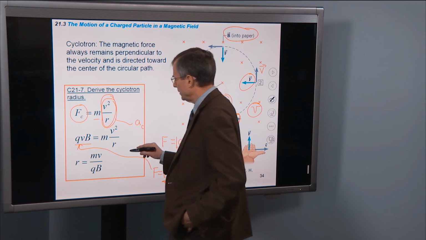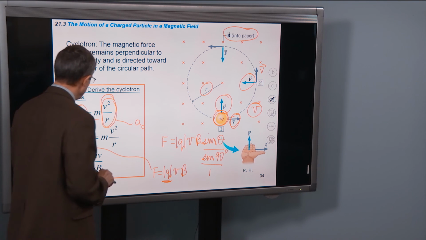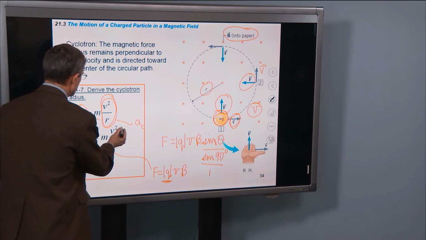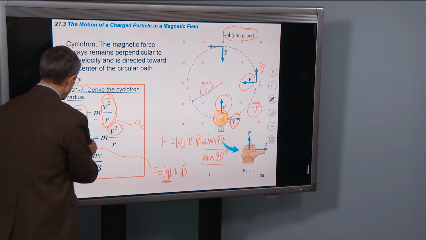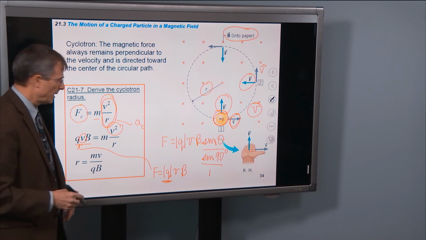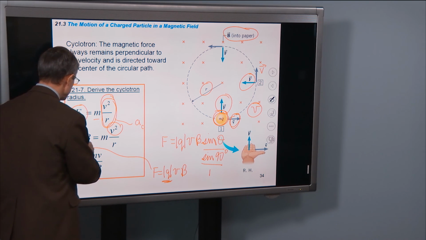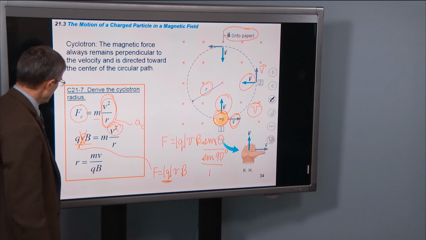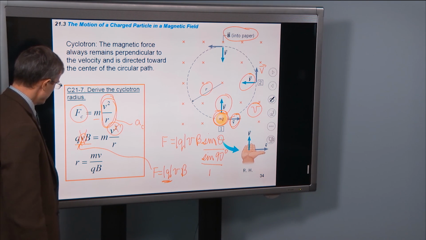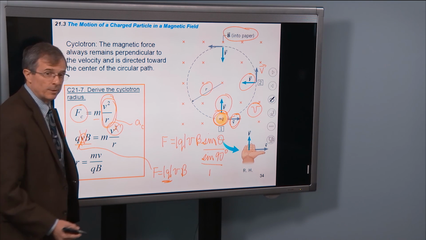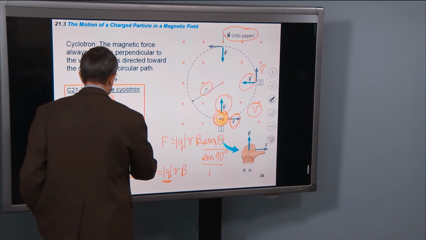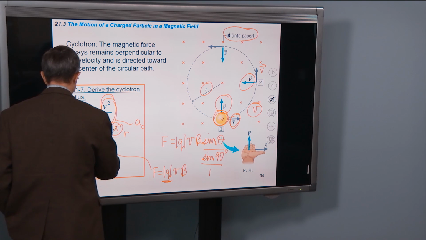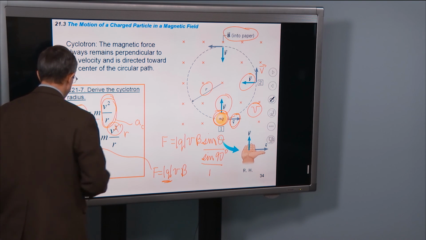Well, some simplifications happen here. We've got a v squared right here, and I got a v right here. So let's divide both sides by v. That kills this v and kills one of these v's. We're interested in the radius. And how are we going to find it? The answer is we can multiply both sides of the equation by r.